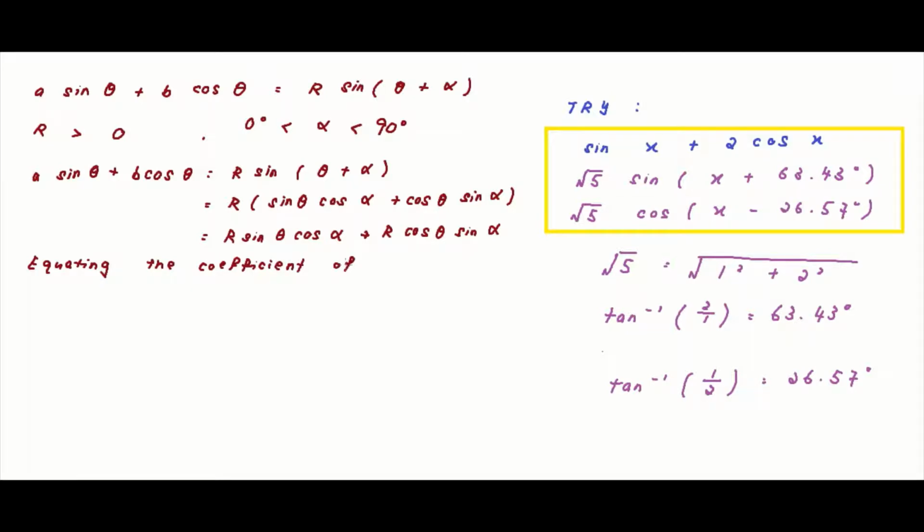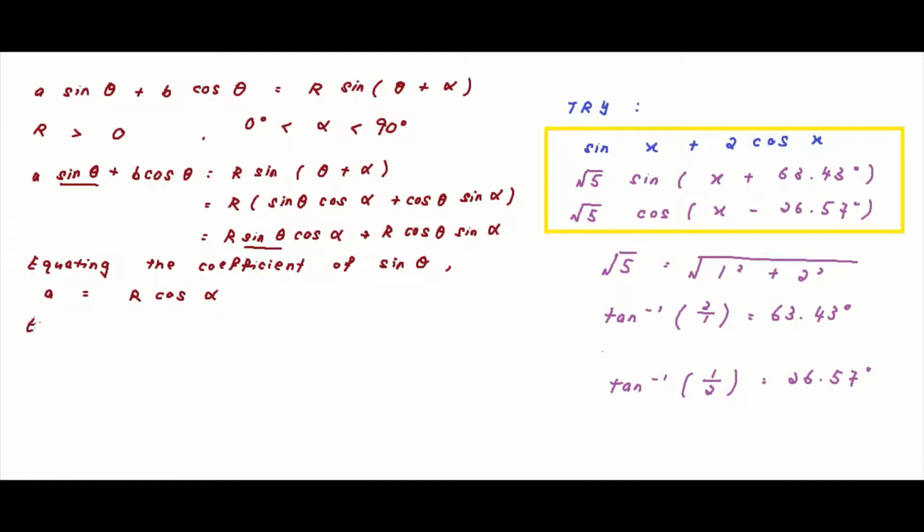I have sine theta on both sides, so my A should be equal to R cos alpha. You get what I mean? I only have the first term with sine theta, so this term must be exactly the same as the first term with sine theta. So A should be equal to R cos alpha.